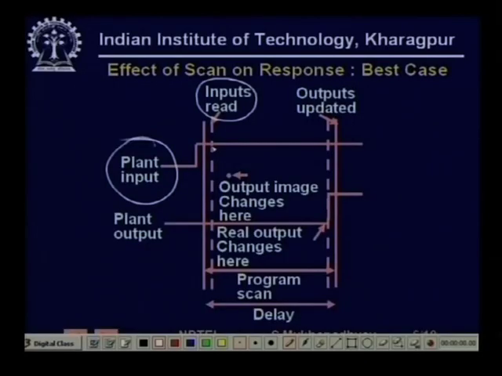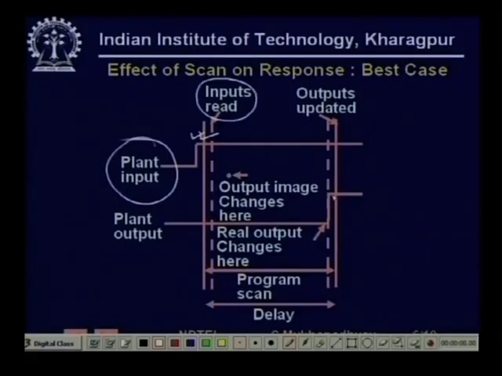Then while the program is executed, in computing the output value, the latest change of the input value will be accounted for. So, possibly due to this input change, at the end of the execution there will be an output change.